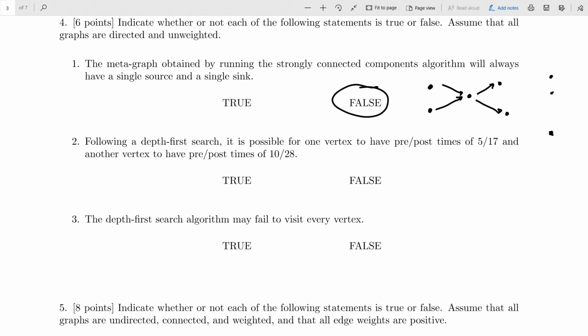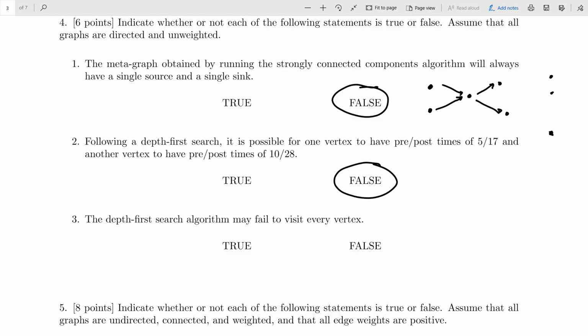Or another way to think about it, if you have memorized the patterns you can get with forward edges and back edges, this isn't one of the allowable patterns of pre and post times of two edges in a depth first search. But I don't have those memorized. I would just reason that out. Now, if it had said 5, 17, and the second one had been 10, 15 or something, then it probably would be possible. But this one is clearly impossible.